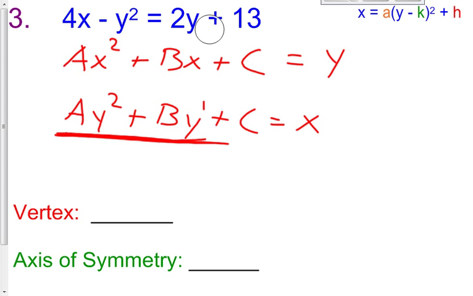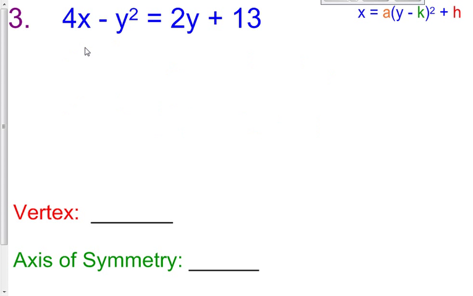So our strategy first off is I want to get this y squared onto this side and the 13 over to this side, because then I can successfully complete the square. So if I add y squared, I have y squared plus 2y on the left, and if I subtract a 13, I have 4x and a negative 13 on the left.